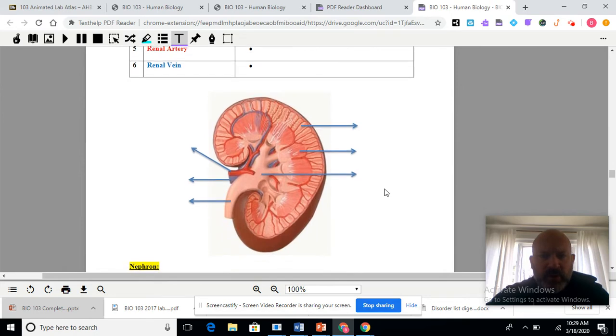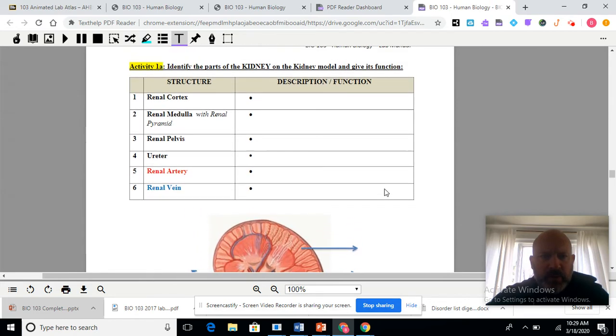There's some labeling that we could do, but before we do this labeling, let's just write some basic descriptions and functions. The cortex is the outer layer of the kidney. Medulla is deep to the cortex, and it contains the pyramids. I'm not going to write that, however, because it does say that there.